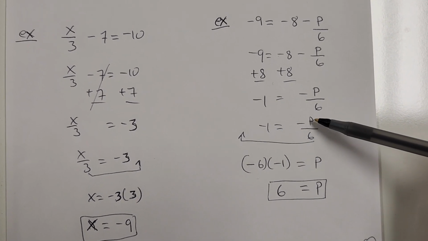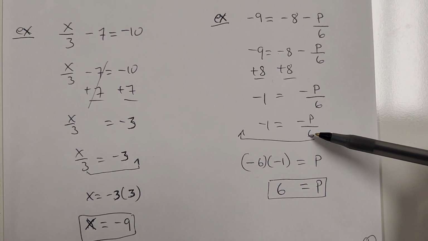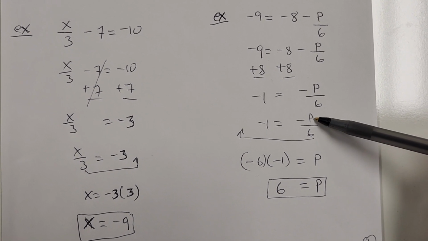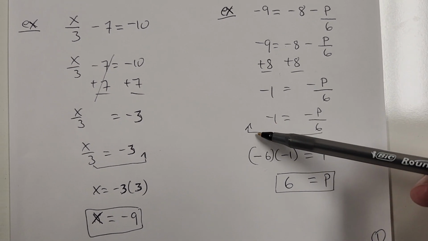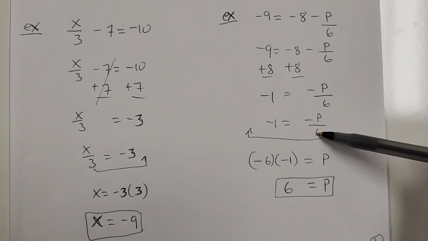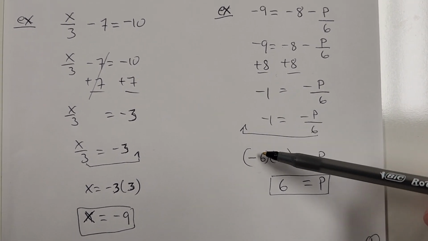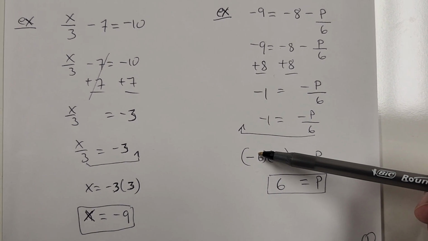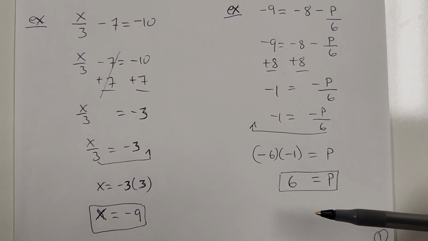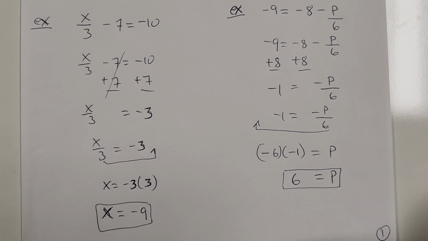Again, when a number and a letter are together, you leave that letter alone and bring the whole thing over. Here's a negative right here, and this is the number 6. Bring that negative over, and also the number 6 over. So then I have -6 times -1 gives me +6.